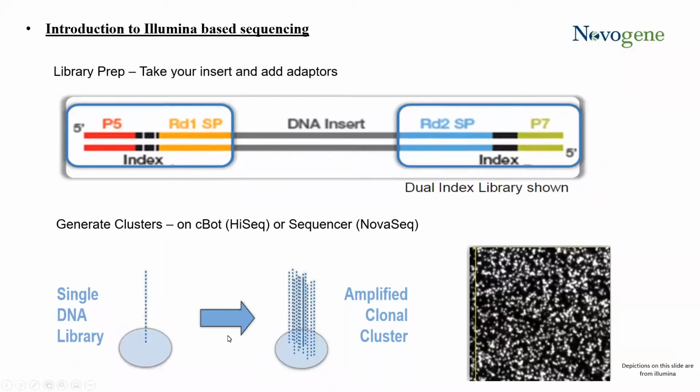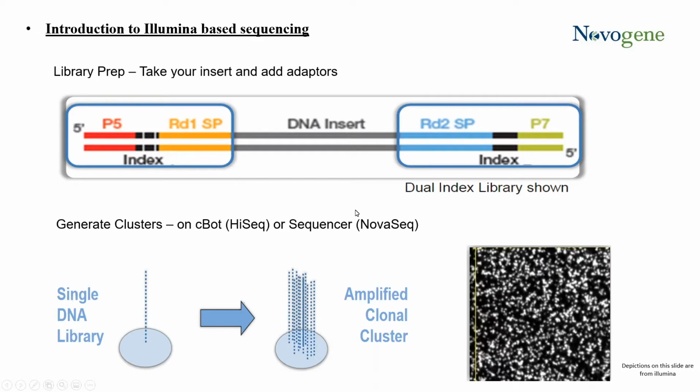So we go from taking our area of interest and adding adapters to it, to clonal amplification. Theoretically, the way this library is to be loaded, so this is called a library, is onto one of two machines. If we are talking about HiSeq, then it is to be loaded on our CBOT, which is the cluster generation machine. Or if we're talking about Novogene, it is loaded directly on the sequencer itself.